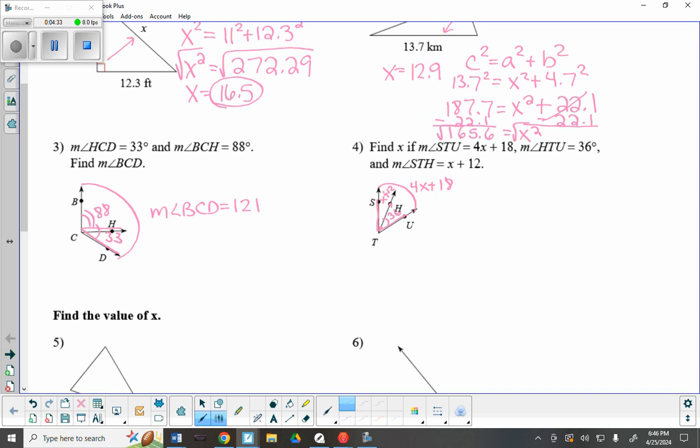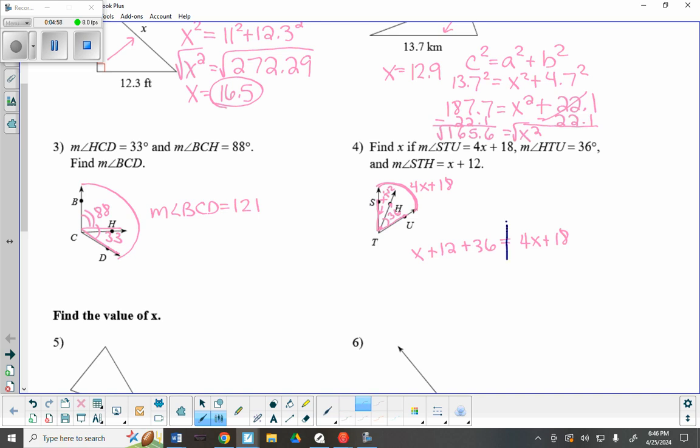So that's this angle right here. Angle addition says part plus part, the little angle plus the little angle, equals the whole angle. So x plus 12 plus 36, the two small angles, equal the whole angle 4x plus 18. So we have an equation.